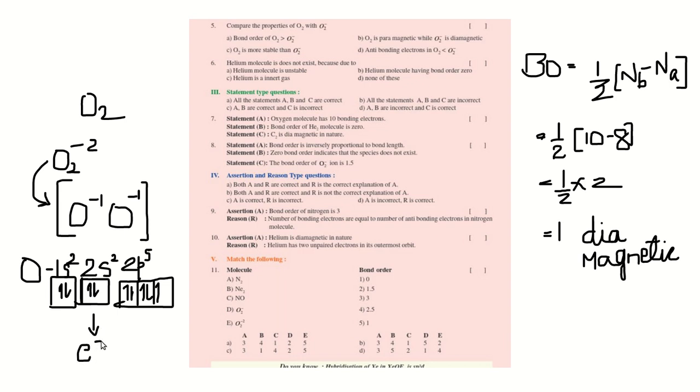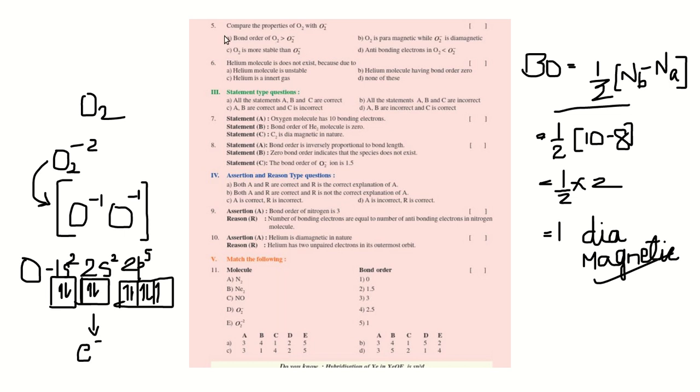We found the electrons present in each shell and subshell. Then we found the bond order, the bond order formula is this, right? So Nb and Na we put there, and we found that it is diamagnetic. So the answers for the fifth one are A and C.